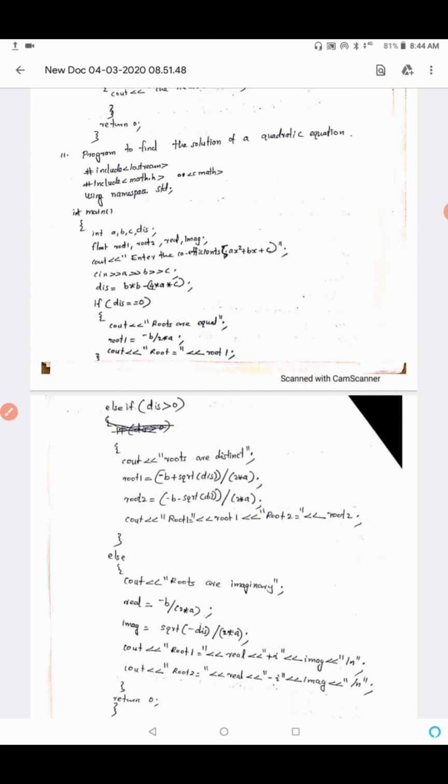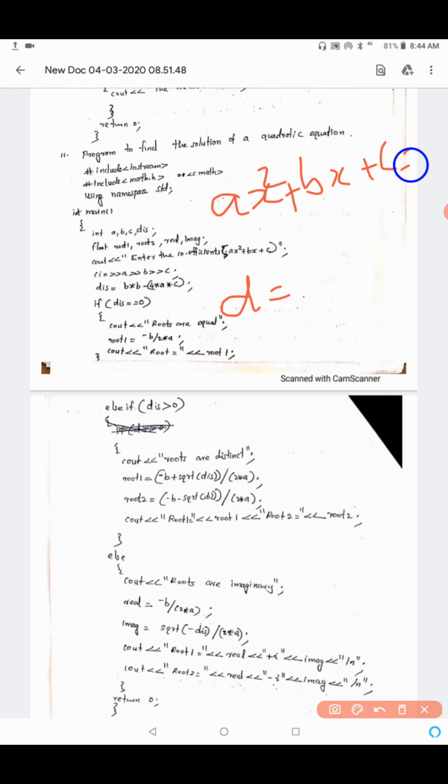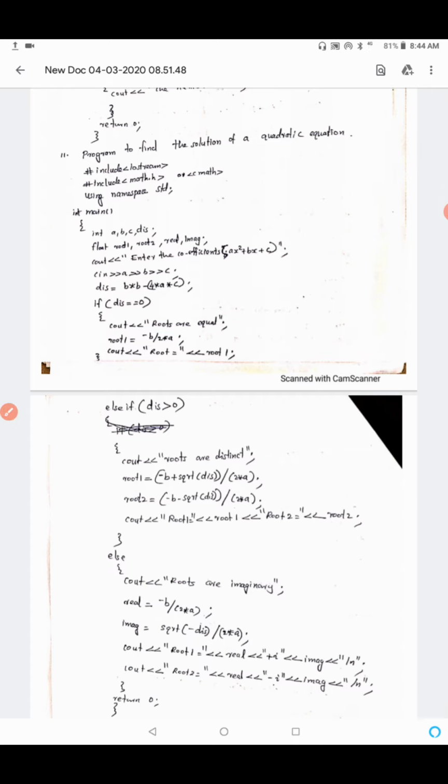We have learned different formulas, including the formula for finding the root of a quadratic equation. To find the root, first we will find the discriminant. A quadratic equation ax square plus bx plus c equal to 0 will have the coefficients a, b and c.